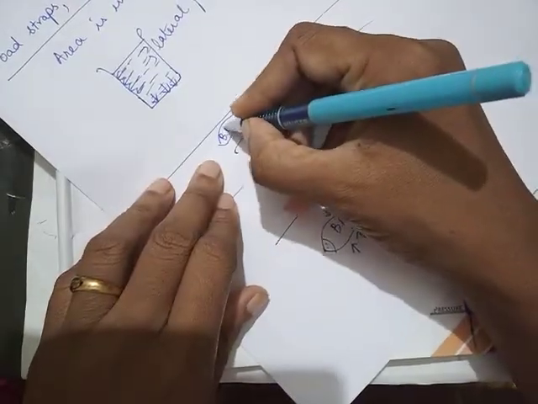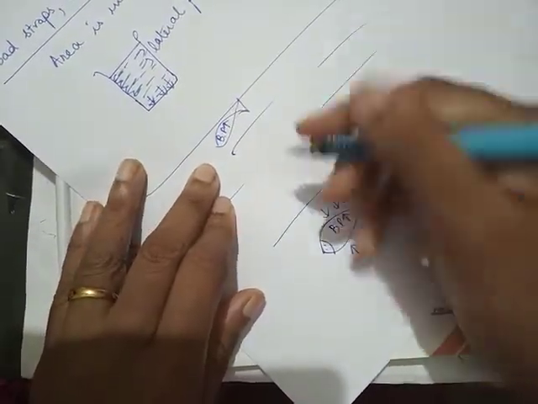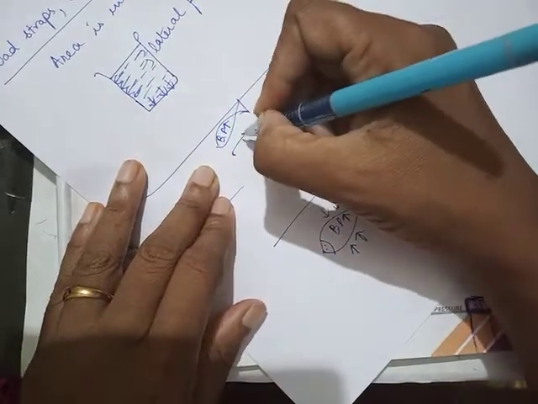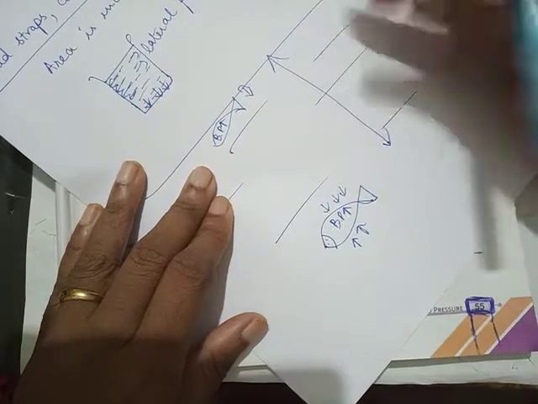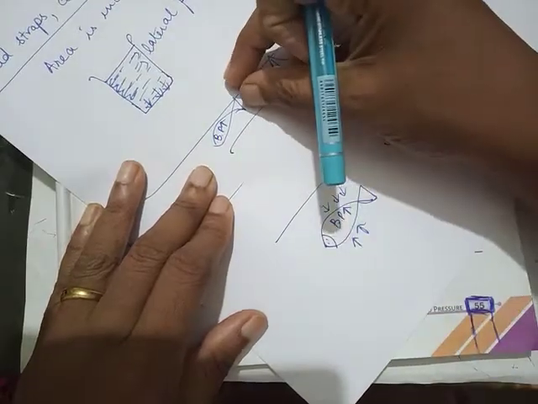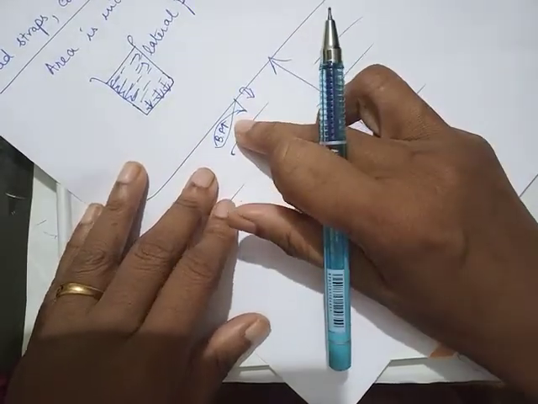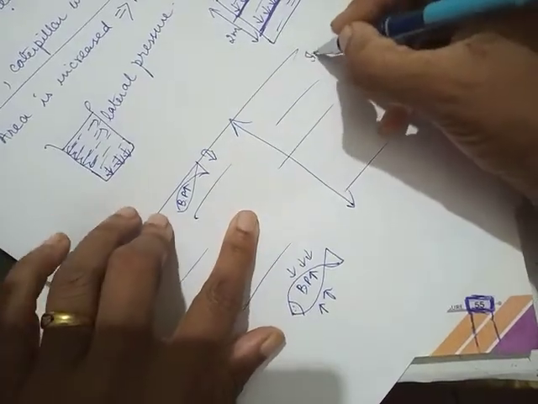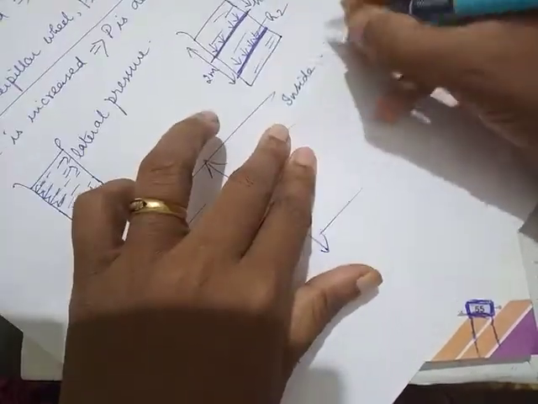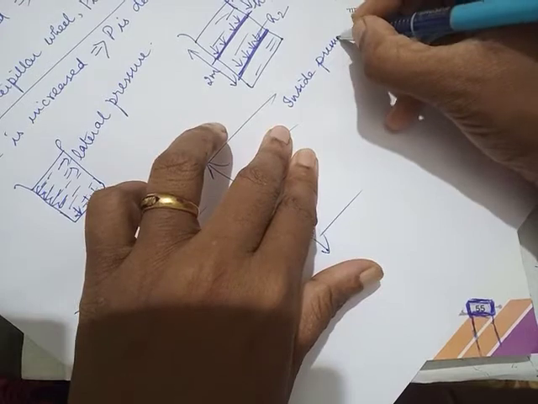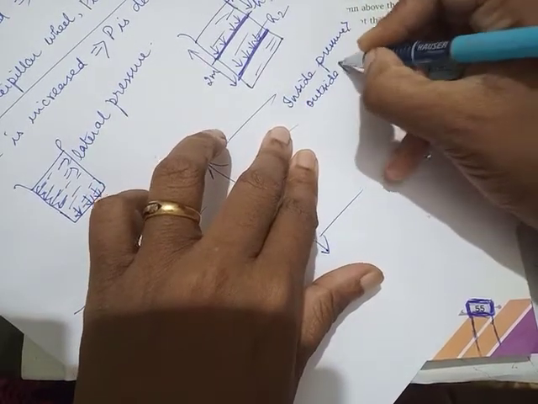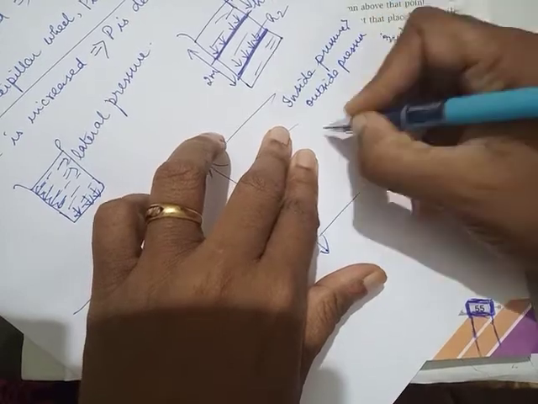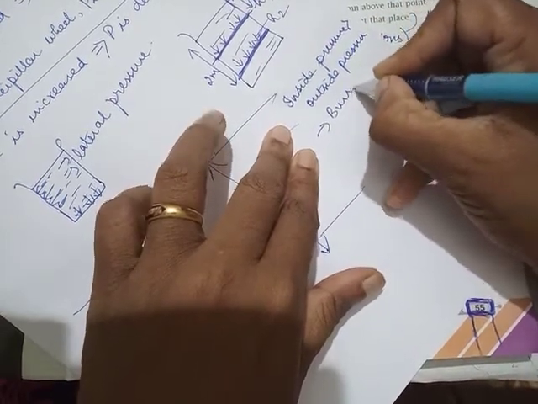Their inside pressure, their blood pressure, will be the same, but outside pressure decreases because the height is less. Here it was at this height, this much water will exert a pressure, whereas when it comes to the top, only this much water is going to exert a pressure. So inside pressure is greater than outside pressure. So what will happen? It will burst.